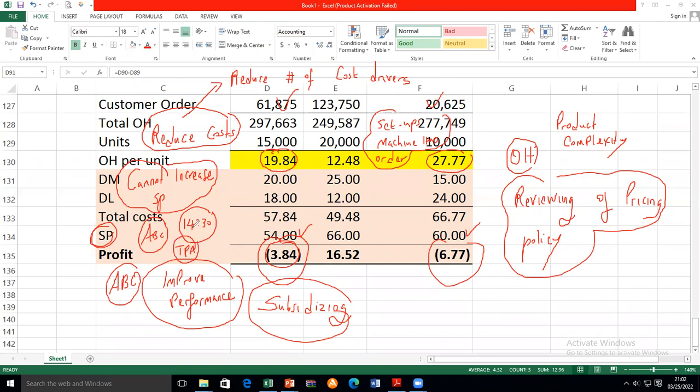So tomorrow, remember 14:30 login, we are practicing another question on activity-based costing. Is it okay with everybody? Yes, it is. Okay, so please tomorrow log in.